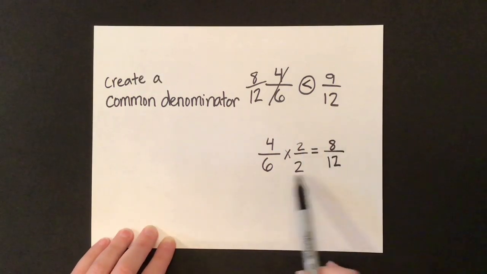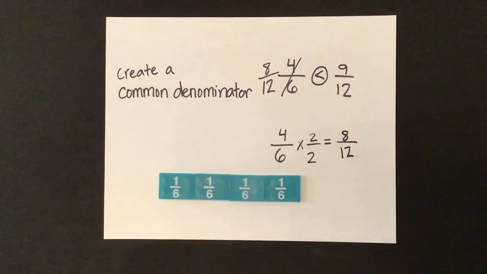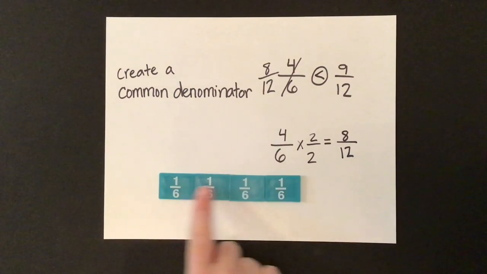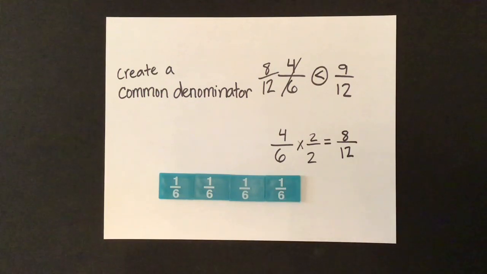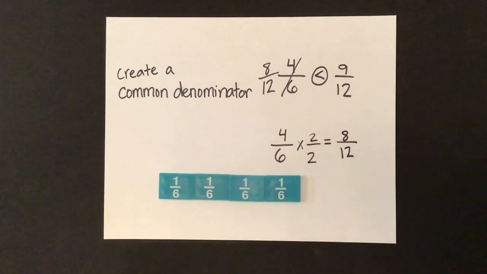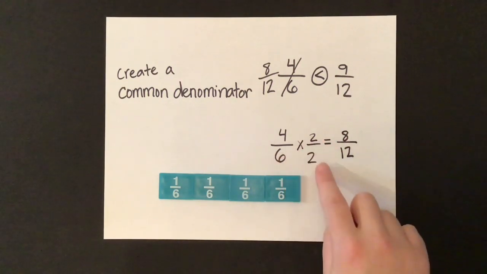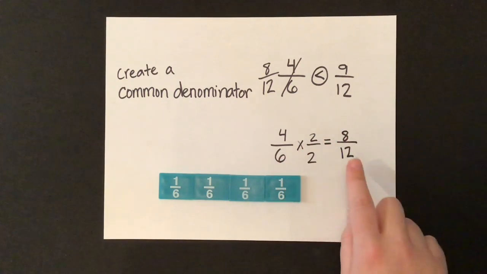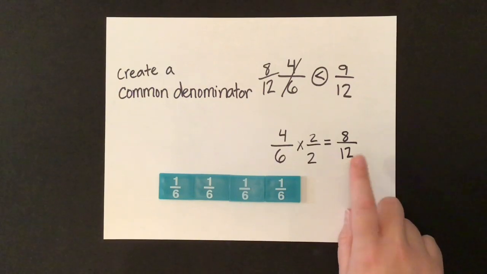Let's take a look at what we just did with fraction bars. We have 4/6 and we're comparing to 12ths. By multiplying 4/6 by 2/2, I found an equivalent fraction with the same denominator.